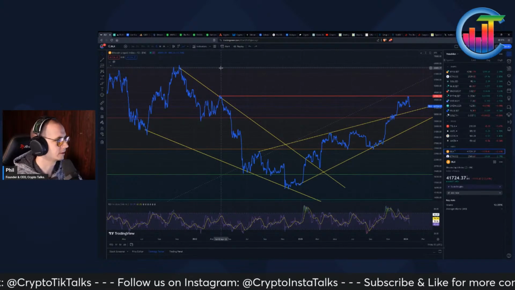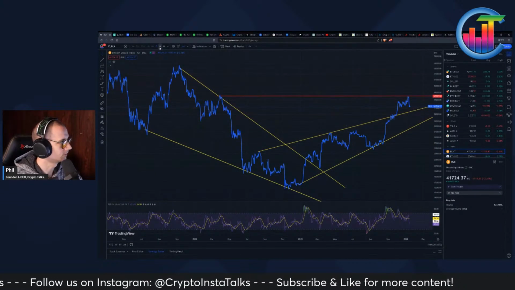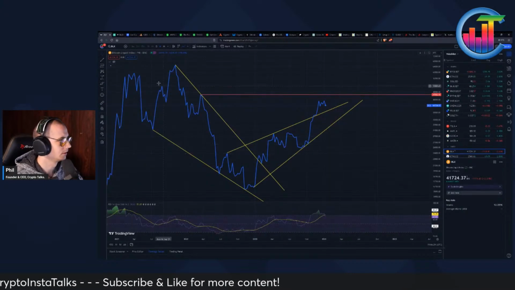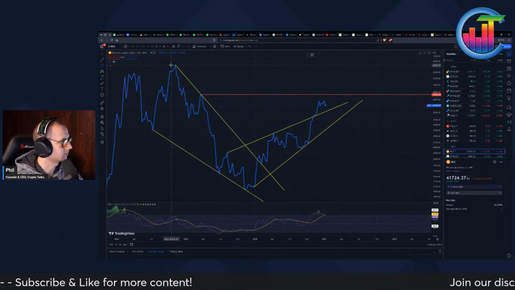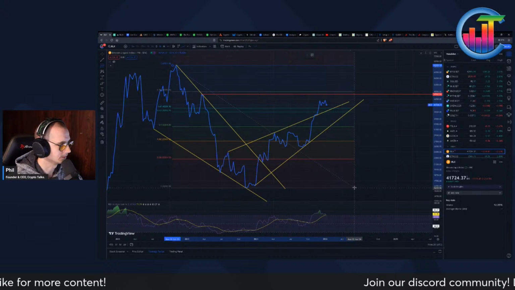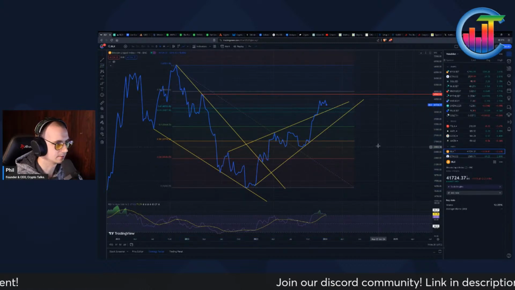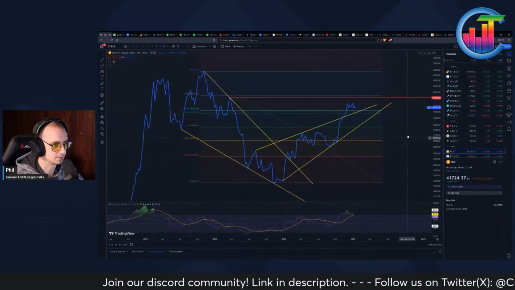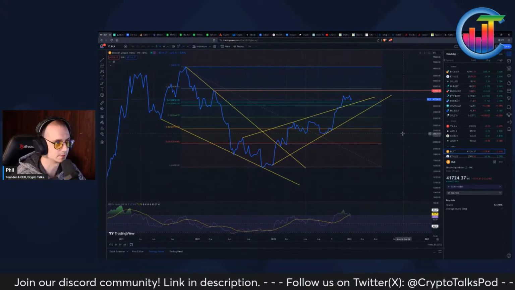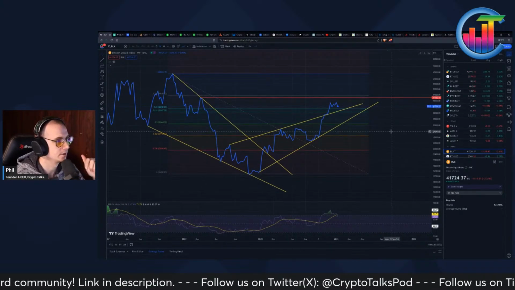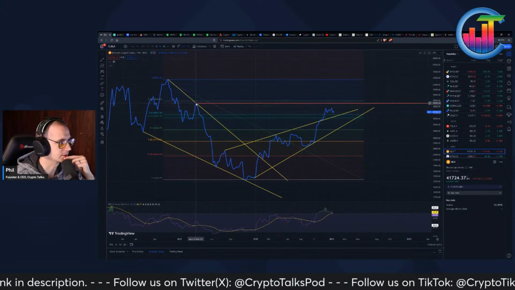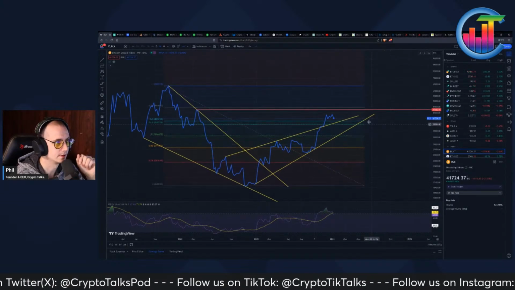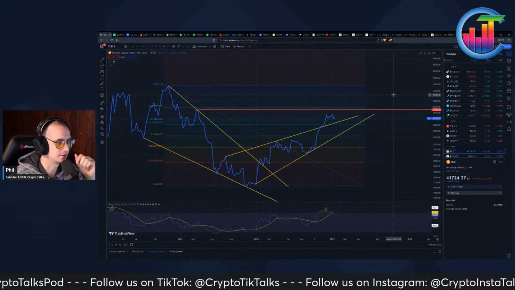So I'm going to go back to where we were before, just to make sure that we don't miss anything here. And we're going to pull that fib level from the peak to the bottom, so that now we have some levels where we might expect it to go. For example, in the bull case scenario, which is what I'm going to start with for Bitcoin, we might see it come up and crack through this resistance line right here, and the fib level is just above there.